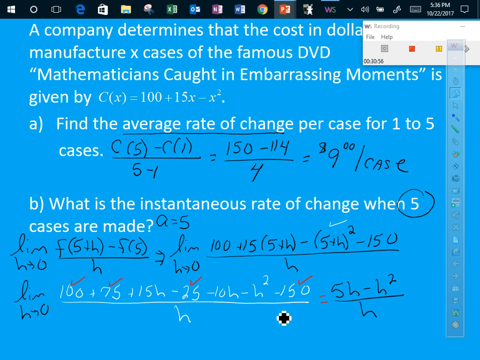Factor out of h, I'm going to be at 5 minus h. I can finally now let h go to 0, so my instantaneous rate of change, my instantaneous cost was $5.